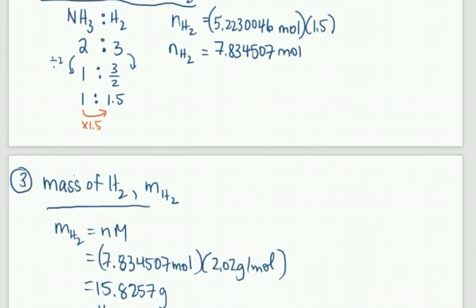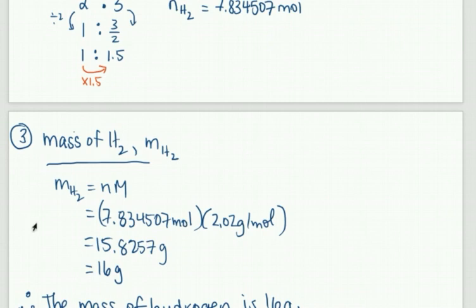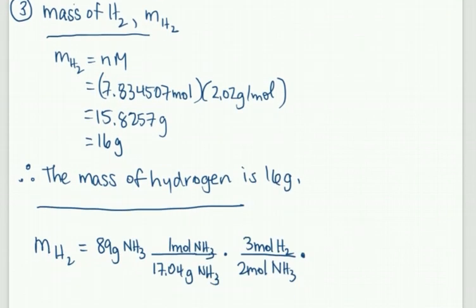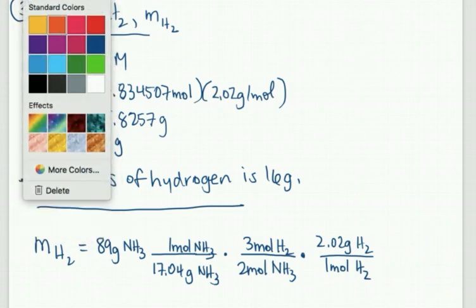The last step here is the mass step. So what did we do? We ended up multiplying by the molar mass of hydrogen, so we'll do that here. We're not going to flip the molar mass; we're going to keep it the way it is. Then you can check all the units.